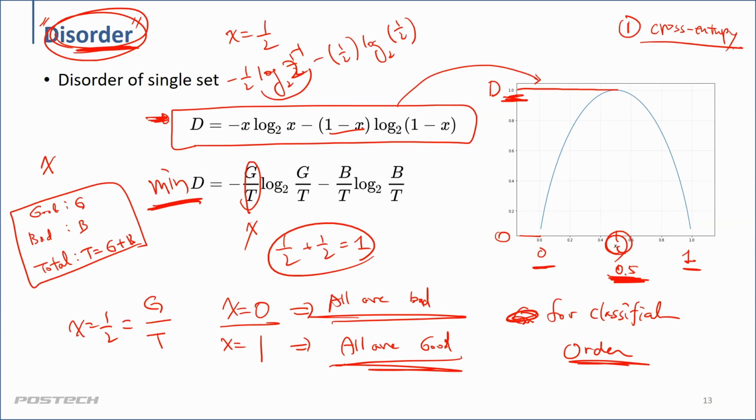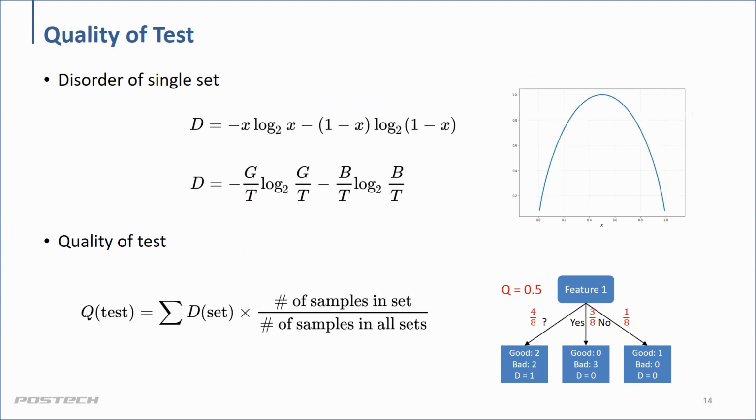So let's go back to decision trees. This is the disorder of a single set. Let me explain with this example: for feature 1, for yes, we got that one, and disorder is equal to 0, right?